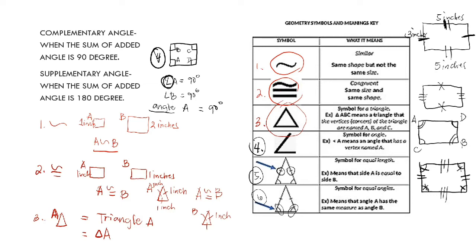So, I think I forgot to say another symbol that mostly we are using, which is this one. So, this symbol is called parallel. So, ginagamit natin siya kapag they are identifying that a line is parallel. So, for example, let's use this rectangle.